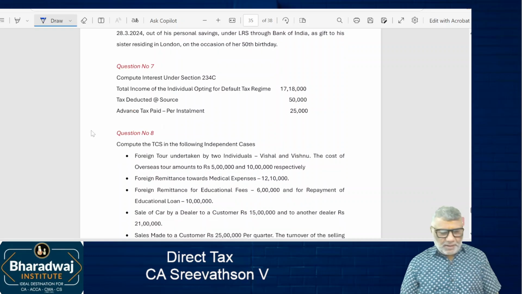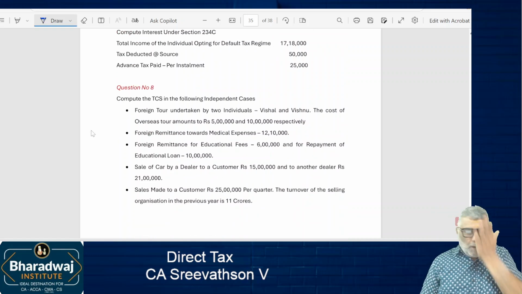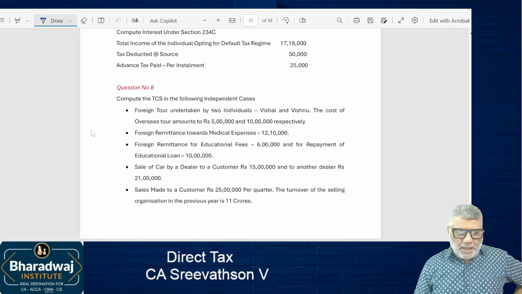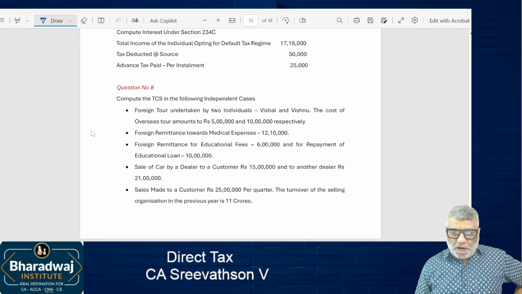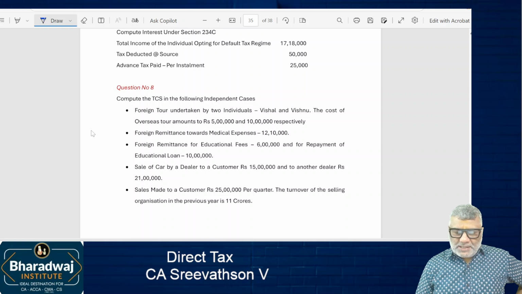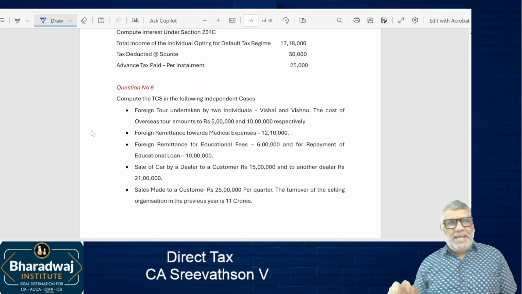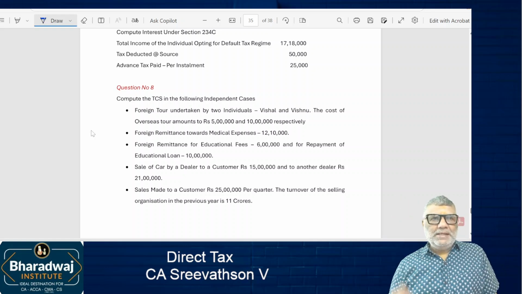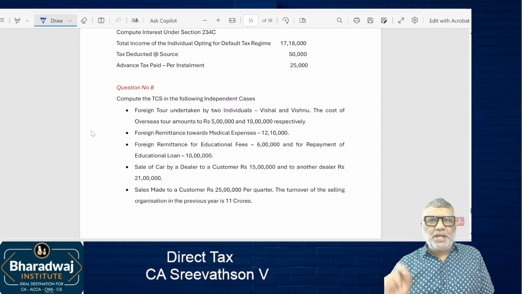Question 7 we have done. Question 8. Compute TCS in the following independent cases. Foreign tour undertaken by two individuals, Vishal and Vishnu. 5 lakhs, 10 lakhs. 5 lakhs is 5%. 10 lakhs, first 7 lakhs 5%, balance 3 lakhs 20%.